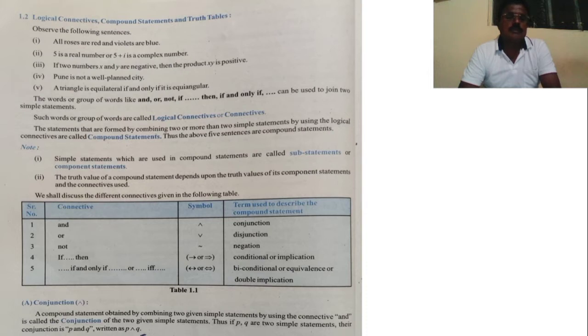This is known as logical conjunction. Two simple statements connected by the connective and is known as conjunction. Two simple statements connected by the connective or is known as disjunction.